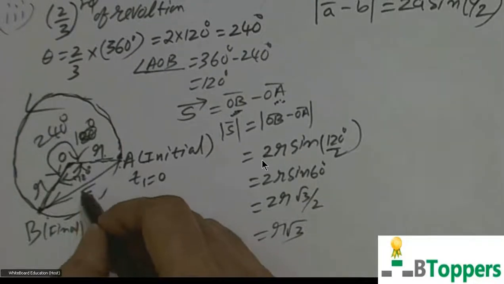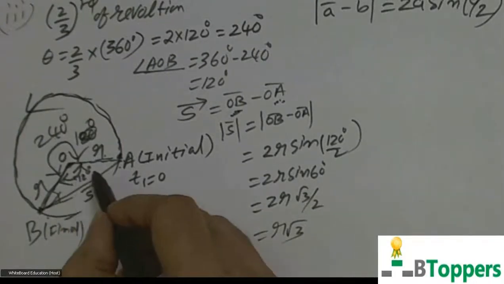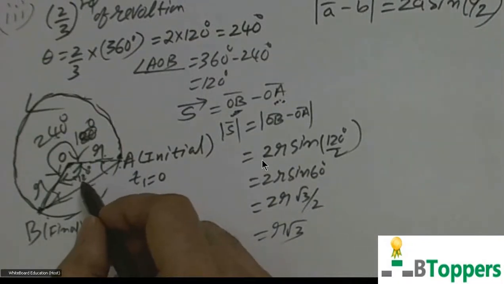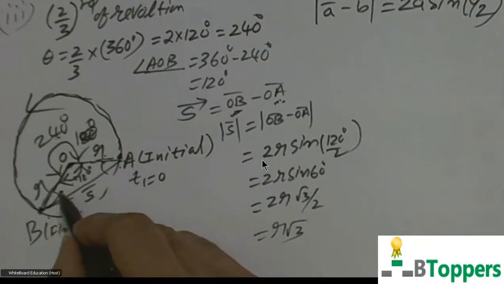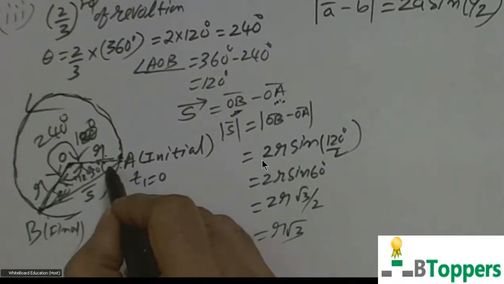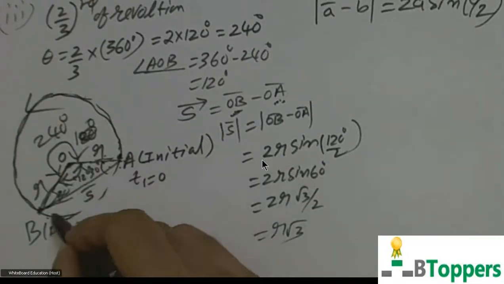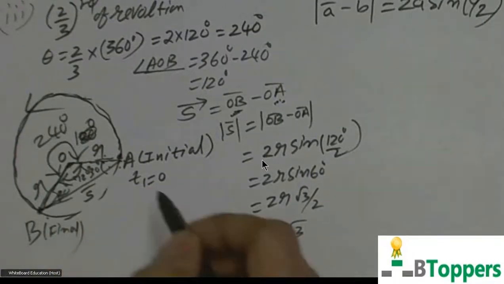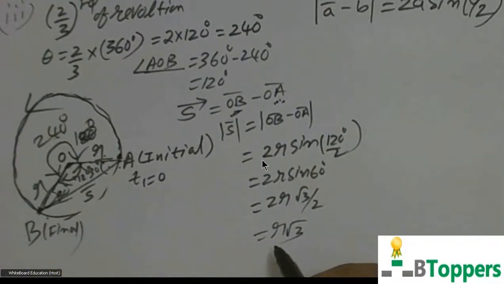So this angle is 120, so the sum of the other two angles here and here will be 180 minus 120 or 60 degrees. So this must be 30 degrees, and this angle must also be 30 degrees.